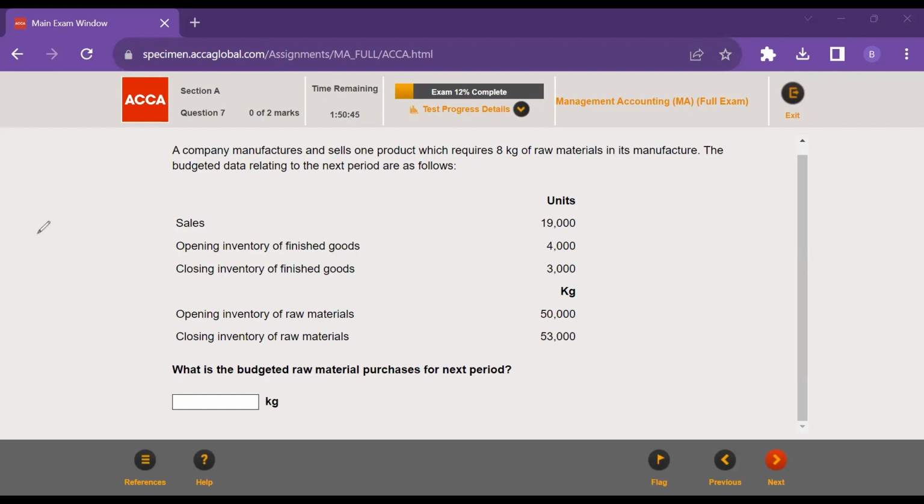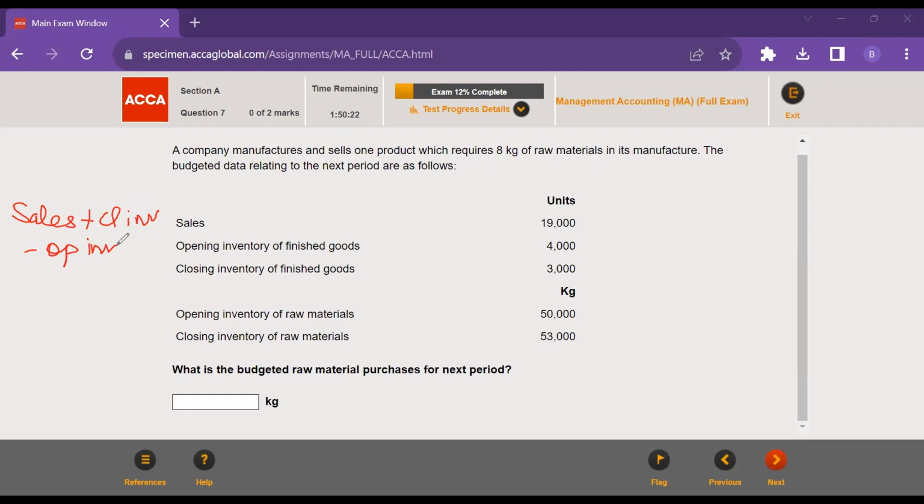For the production, we take how much we are going to sell, so sales plus your closing inventory, because that is also something we are going to be making, and then I subtract anything that I had previously made, which is my opening inventory.